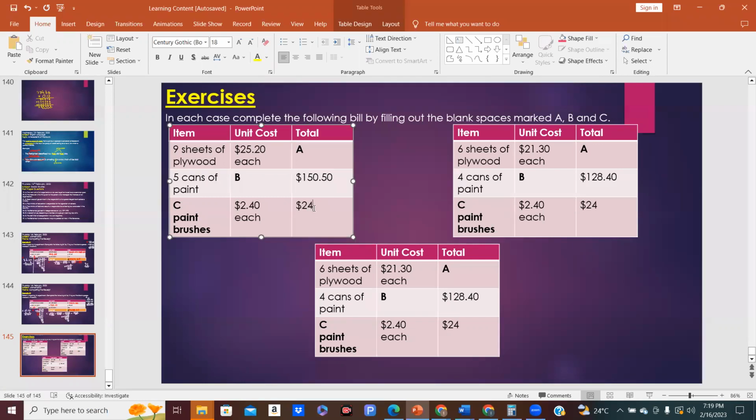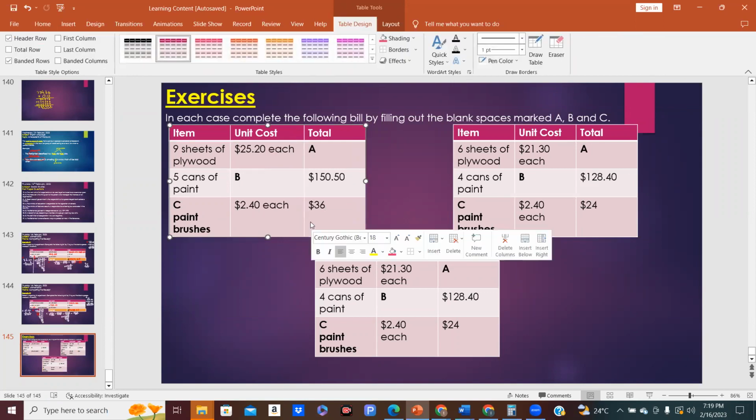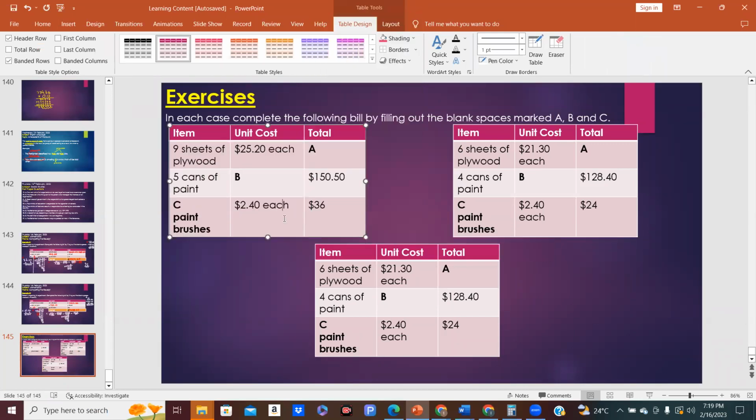Let's say that this is 36. I want to include the grand total, so 5.